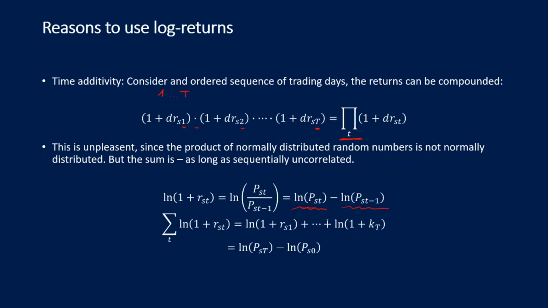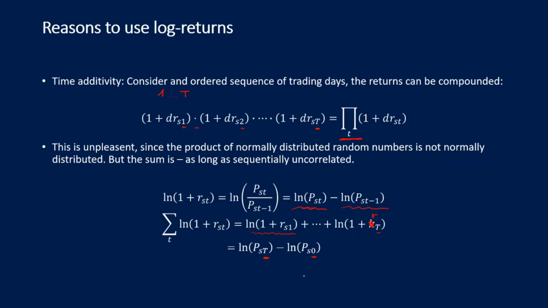If we do this for several days, just like the log of 1 plus the return for day 1, day 2, until here the k is wrong, it must be an r, of course, I'm sorry for that, until day t, it reflects perfectly the difference in logs for the price at day t minus the log of the price of day 0.